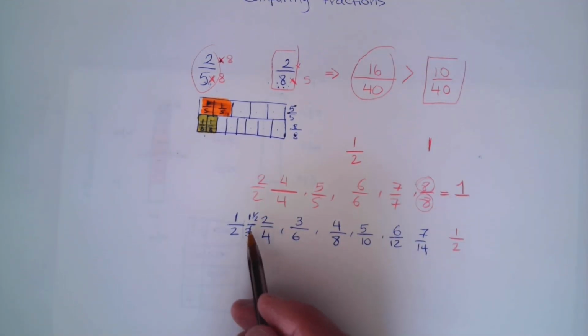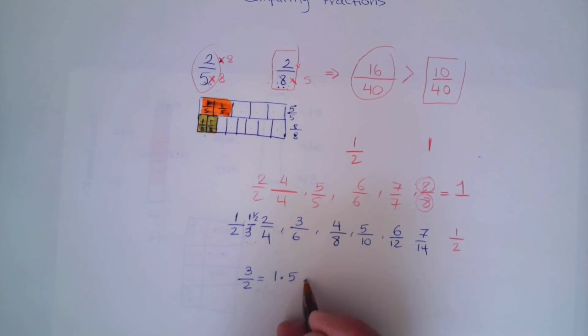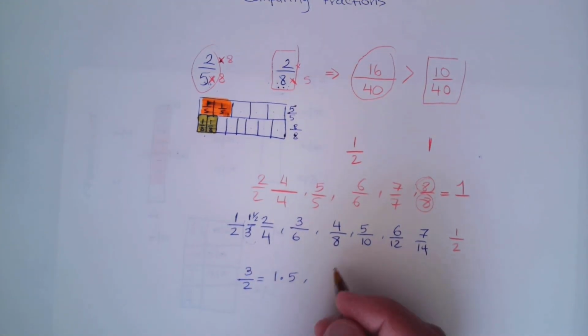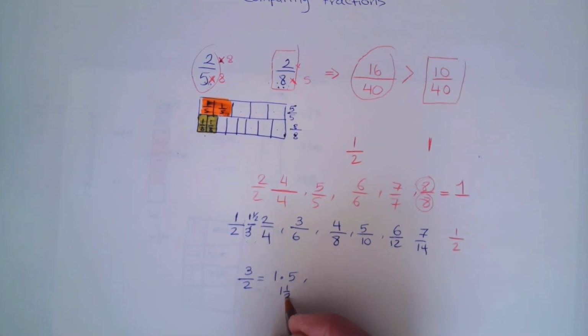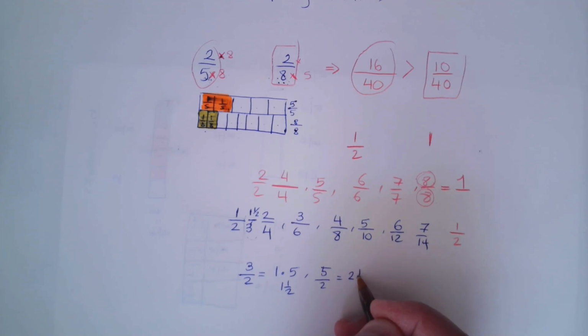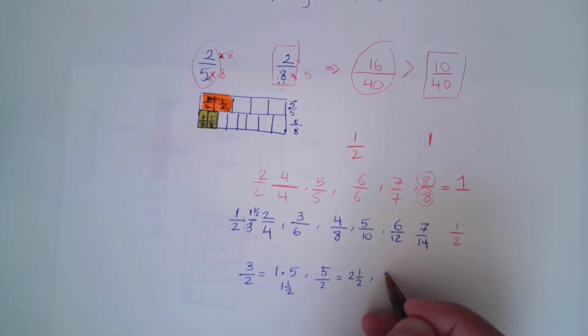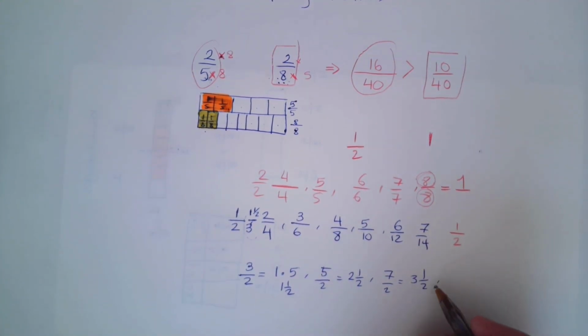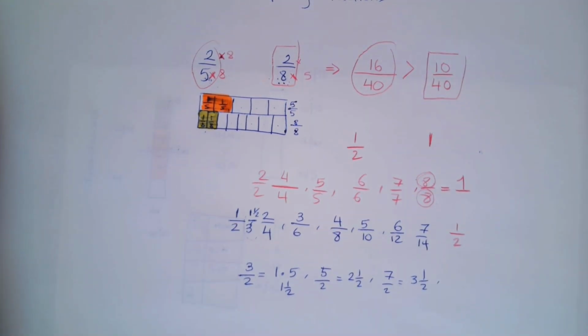But you need to remember that half of 3 is 1.5. It's a mixed number. And half of 5 is 2.5. Half of 7 is 3.5. So any odd number has the additional half with it, okay?